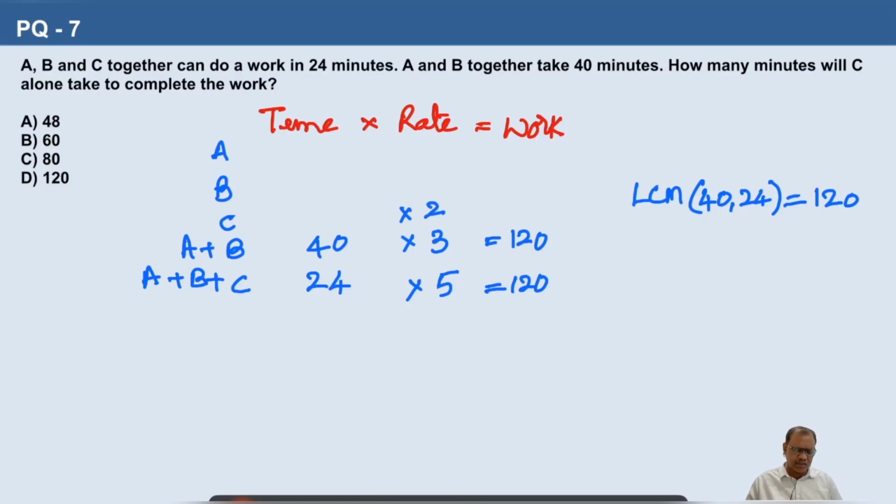So 120 is divisible by 2, 60 times. Now, how many minutes will C alone take to complete the work? So C alone will take 60 minutes to complete the work. So that is the right answer. Option B is the right answer.